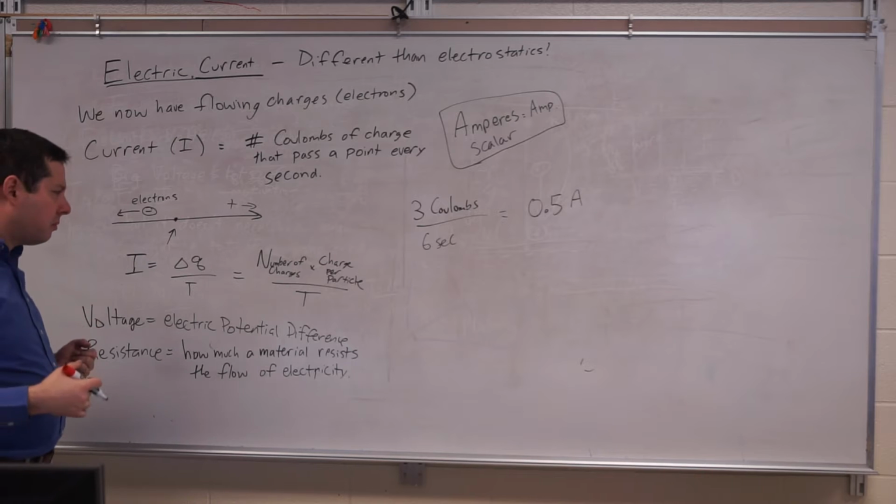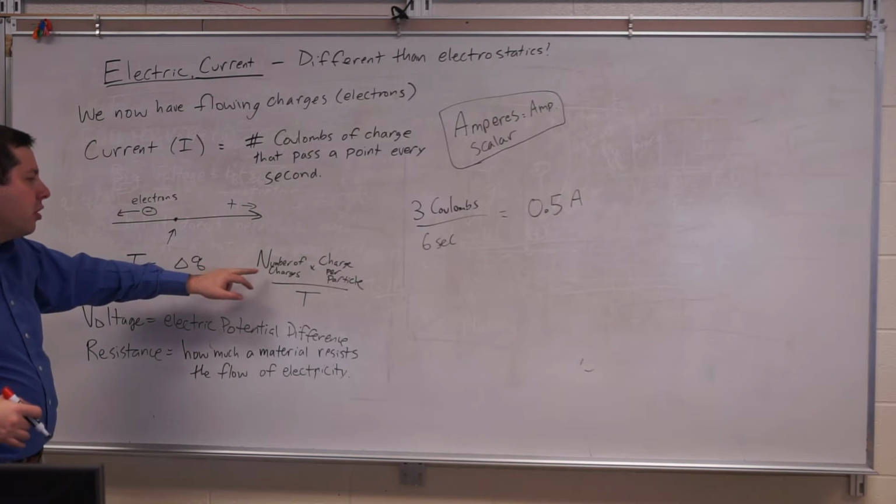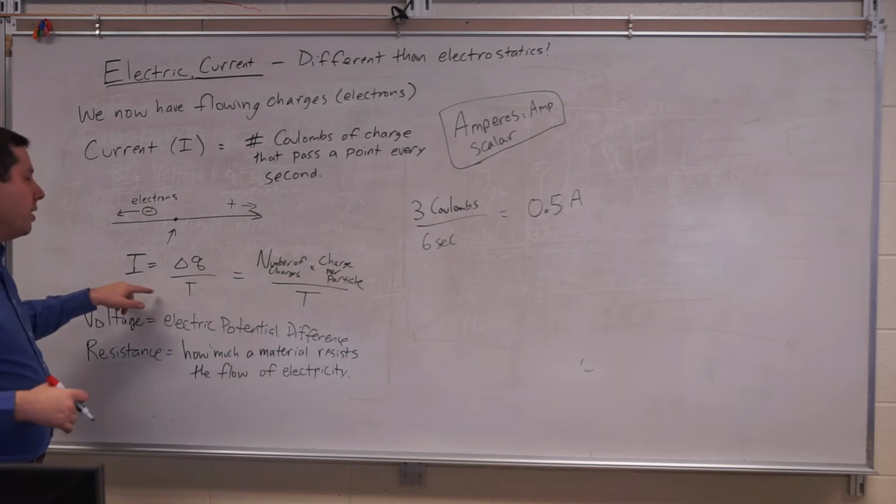So the number of charges times the charge per particle divided by time is also the current.